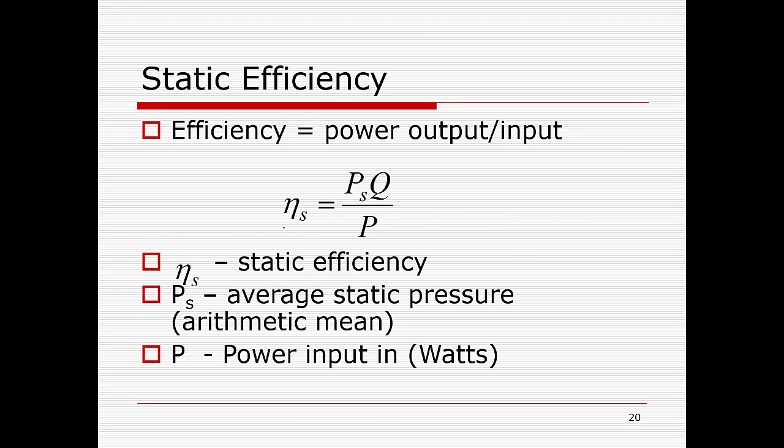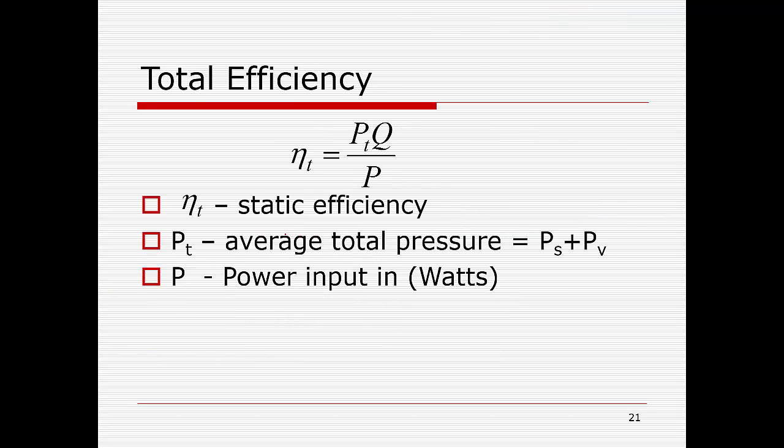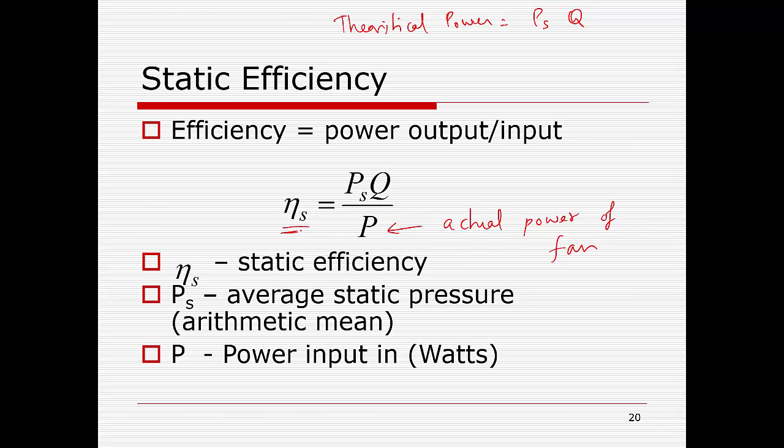So the static efficiency is nothing but the static pressure times Q, the theoretical power, over the actual power of the pump or the fan, right? So the ratio of the two is the efficiency, and you calculate it.